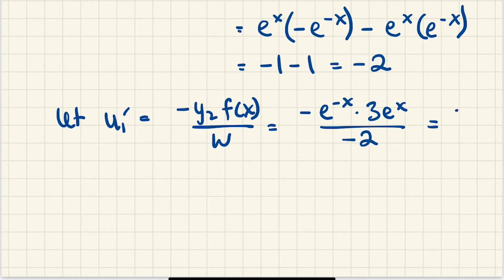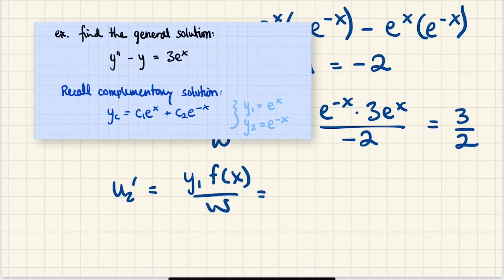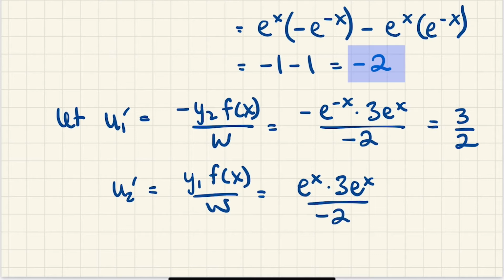So here we get 3/2. u2 prime is y1 f of x divided by the Wronskian. So y1 is e to the x, f of x is 3e to the x, and the Wronskian is -2. So our u2 prime is -3/2 e to the 2x.